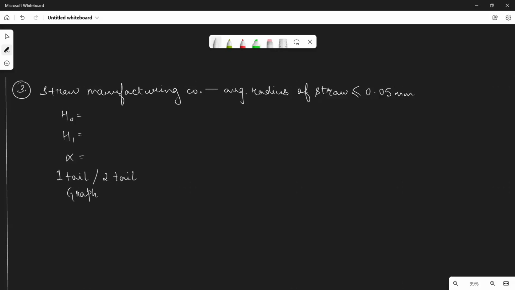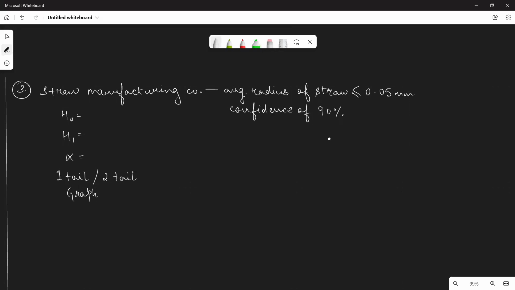So what is the level of confidence for this straw manufacturing company? Confidence of 90%. These things will be given to you in the question, need not worry. So the level of confidence will be given as 90%, or to make things simpler, they will give you the level of significance as 10%.